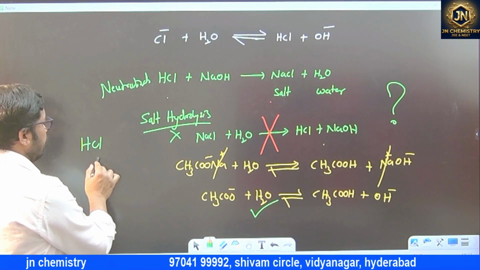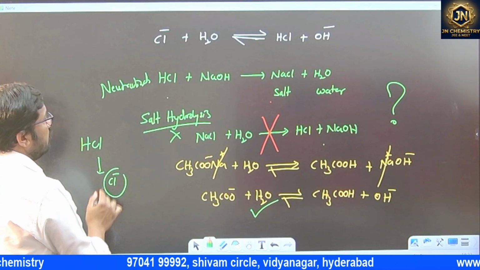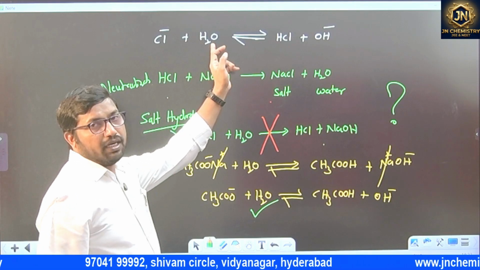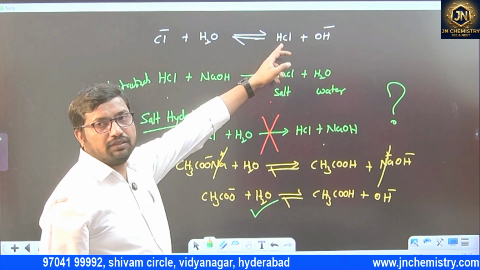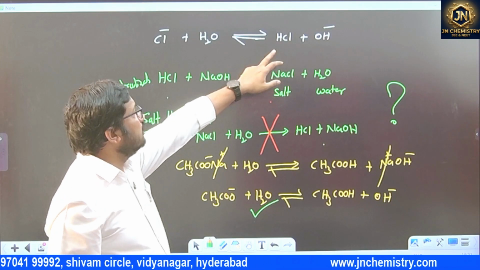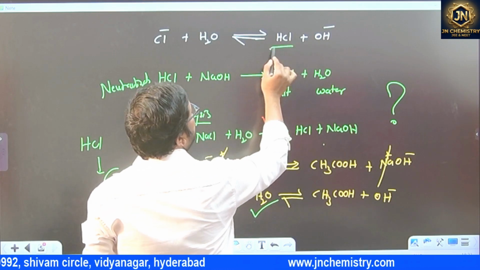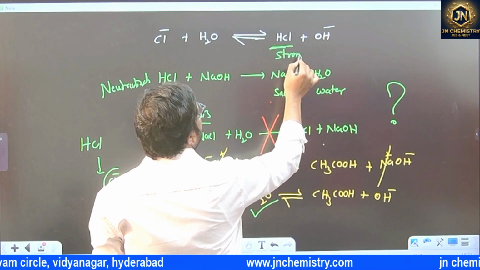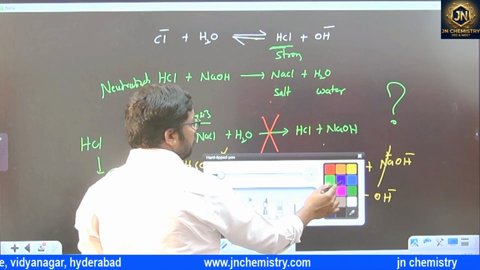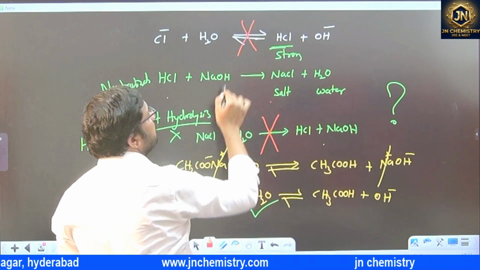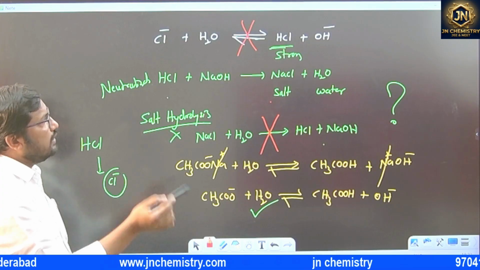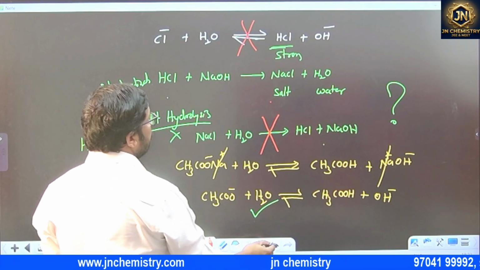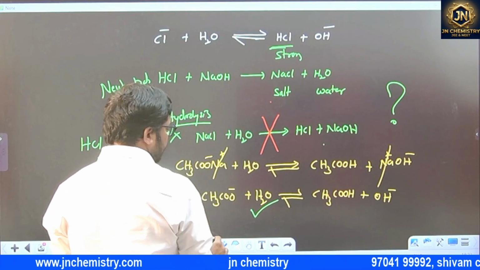After losing the H plus, it becomes Cl minus. If Cl minus undergoes hydrolysis, what exactly happens? HCl plus OH minus. So HCl is which acid? Strong acid. So weak to strong acid reaction won't take place. Which reaction can take place? The backward direction reaction takes place.